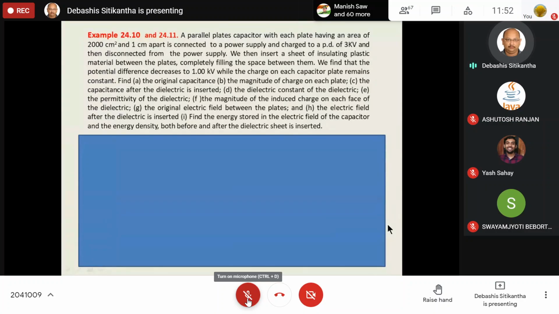Once you inserted the dielectric medium, because of polarization, the electric field decreases. If the electric field decreases, then obviously the voltage across the two terminals of the capacitor will also decrease. Find the original capacitance. Okay, now you start. Put the formula, get the answer. It is 11:53. We will talk at 11:57. 4 minutes. Do it.